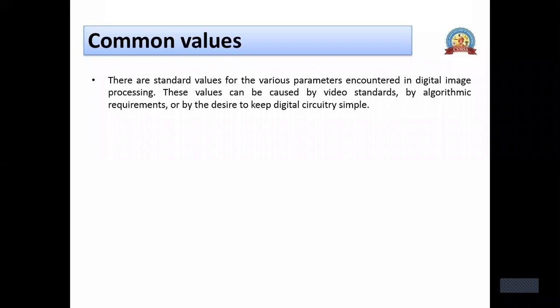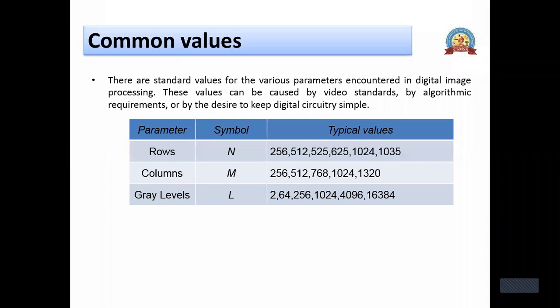In general, the number of rows used are 256, 512, 525, 625, 1024 or 1035. The number of columns will be 256, 512, 768, 1024 and 1320. Gray levels can be 2, 64, 256, 1024, 4096 and 16,384.